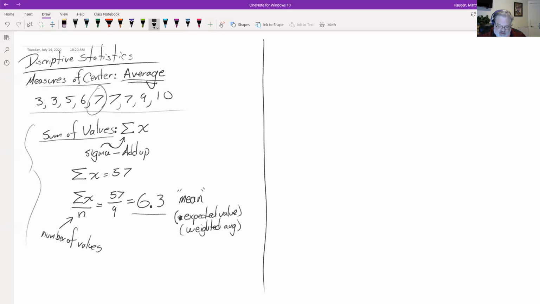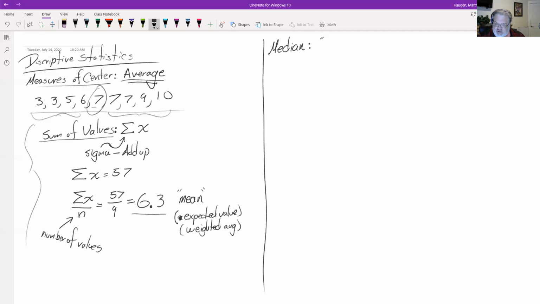If we look at that 7, there are 4 values above it. There are 4 values below it. That 7 certainly does look like a type of center. And it is. Our median is a different type of center.